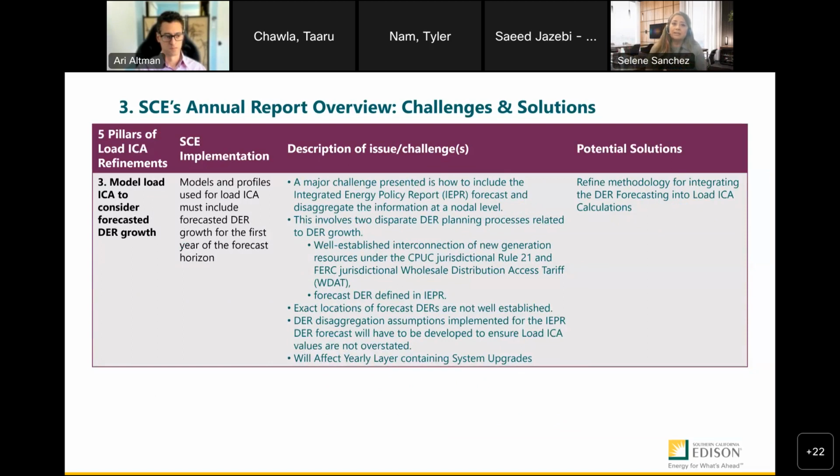Whereas for the Gen ICA, we use the well-established generation interconnection queue. And in efforts to completely distinguish that, we need to refine the methodology for integrating the DER forecasting into the Load ICA calculations, separate from the Gen ICA calculations, excuse me.